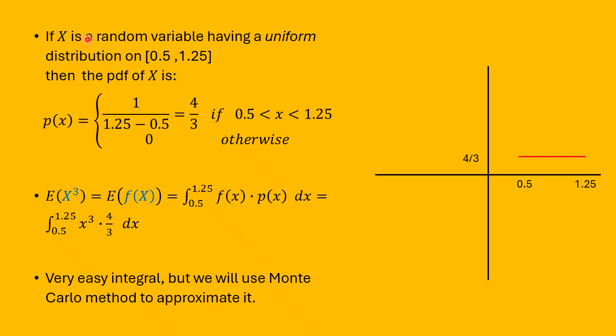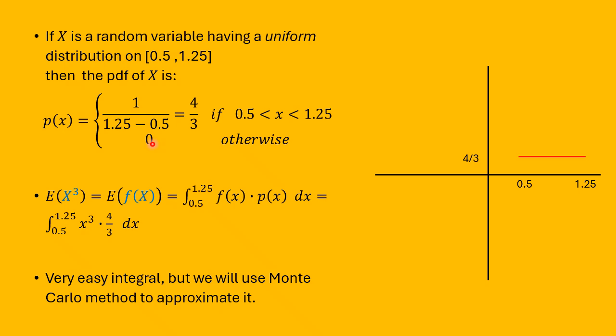If x is a random variable having a uniform distribution from 0.5 to 1.25, then the PDF is going to be the following. If we think of this as the interval from a to b, the PDF is going to be 1 over b minus a, which in this case is 4/3, if x is between 0.5 and 1.25.